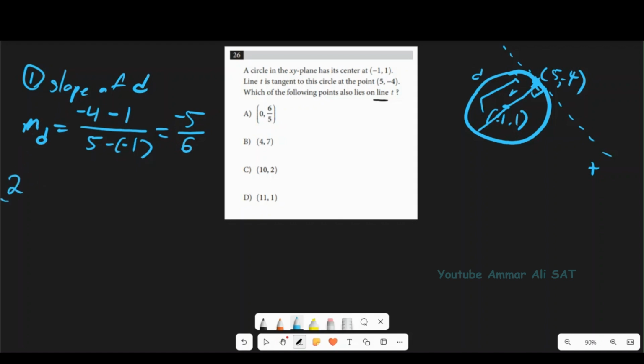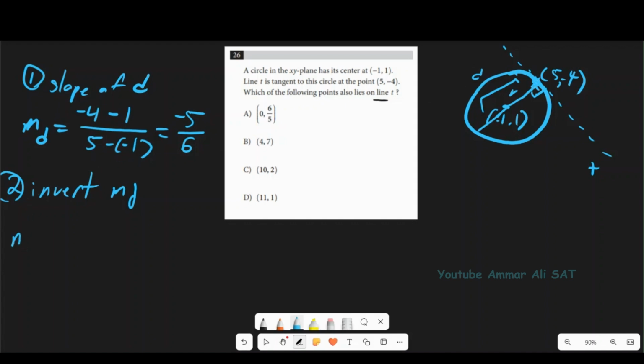Now we need to invert the slope of the diameter, m_d, which means nothing more than flipping it and changing the sign, because we know that the slopes of two perpendicular lines are negative reciprocals of each other.